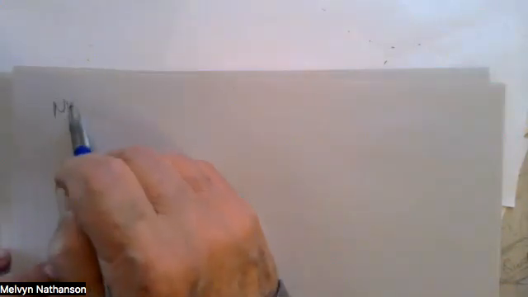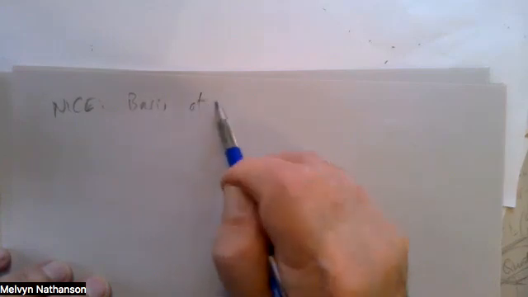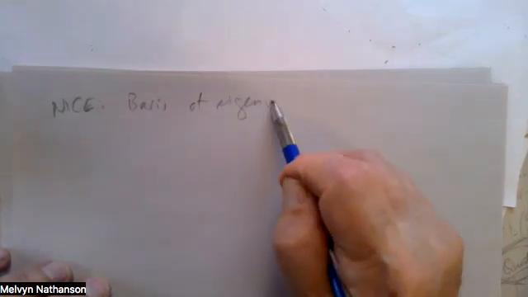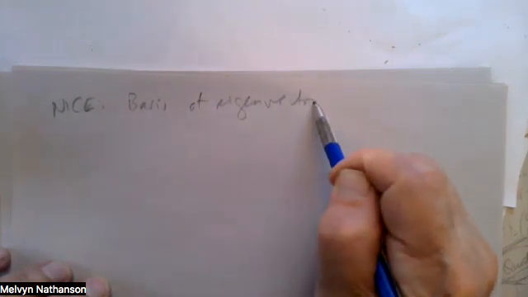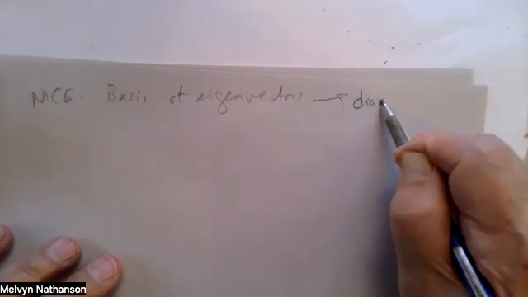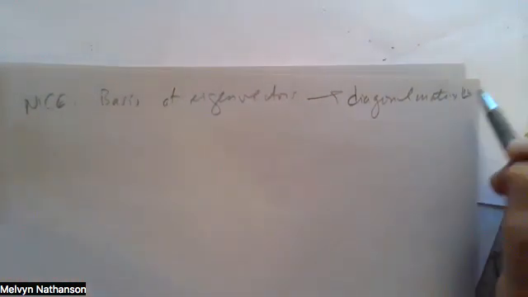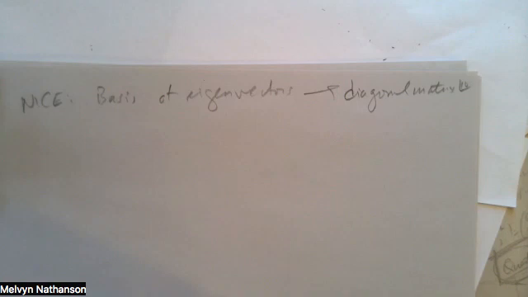Of course, it's nice if you have a basis of eigenvectors, because that leads to a diagonal matrix for your linear operator, which is the simplest matrix you want. And the idea is always in math and science to make things as simple as possible.